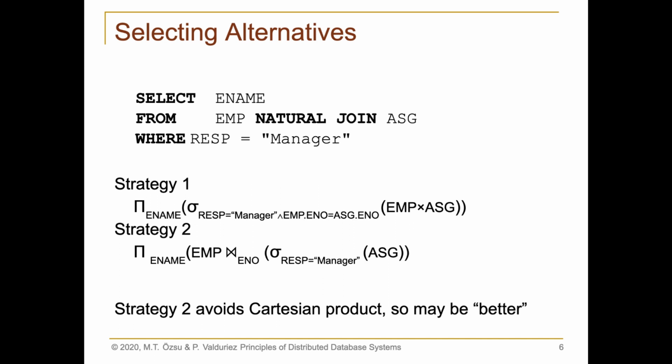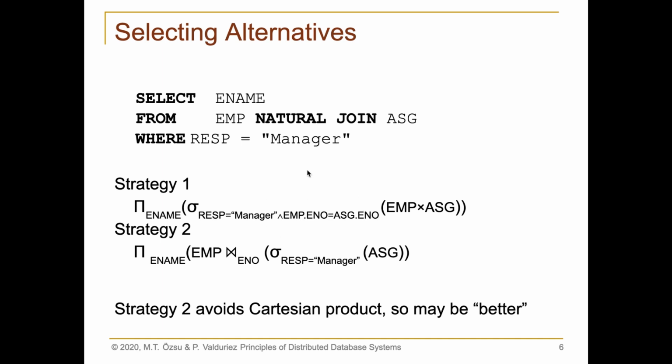So here, the employee relation has information regarding the employee, like employee name and employee number. On the other hand, assignment has employee number as a foreign key and other information like responsibility that describes what responsibility the employee is assigned to.